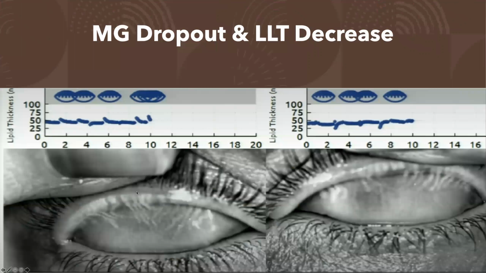So you can easily correlate between the LLT and the meibography scan. Here, where the LLT is around 50, you can appreciate how the dropouts are there in the meibomian glands in both the pictures.